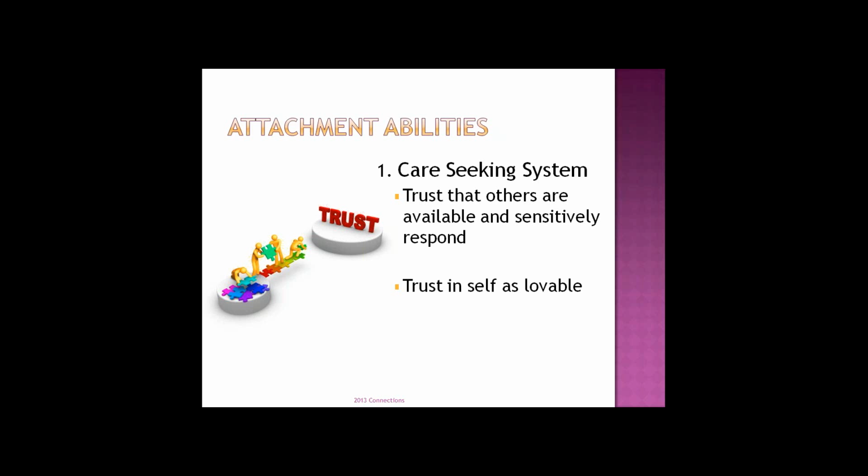Here's another challenge to develop a care-seeking system. And I know that a lot of you are going to go, are you kidding me? The second point here is trust that you are lovable. Trust in self as lovable. Push past thinking of yourself as unworthy or damaged goods.